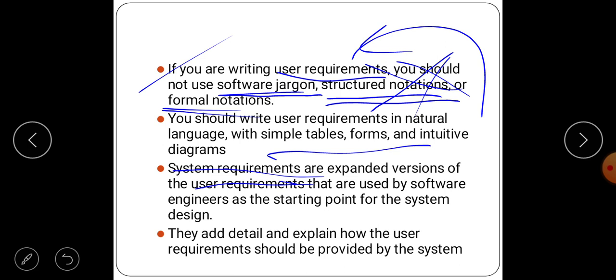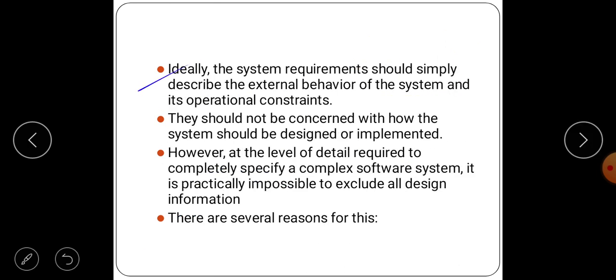Means they are going to use the system requirements for the development of the application or software. They add detail and explain how the user requirements should be provided by the system. This detail is given by the system engineers.